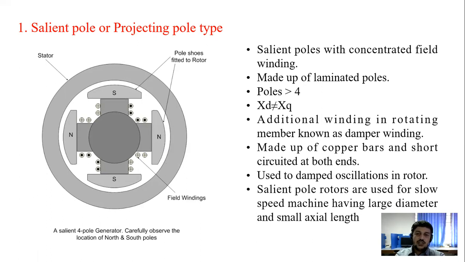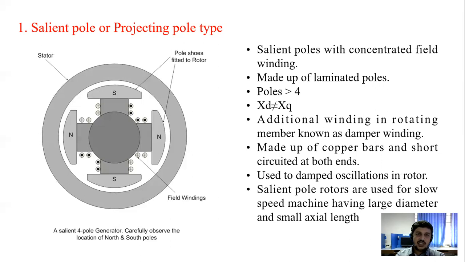So to house this large number of poles, the diameter of the entire machine must be high, and their axial length should be less. This particular construction is used to reduce the centrifugal stresses on the rotor structure, because here the entire rotor is made up of different poles.